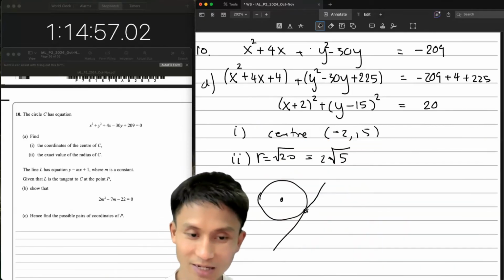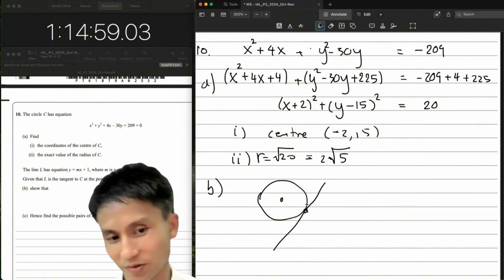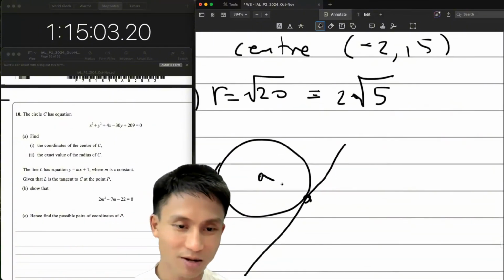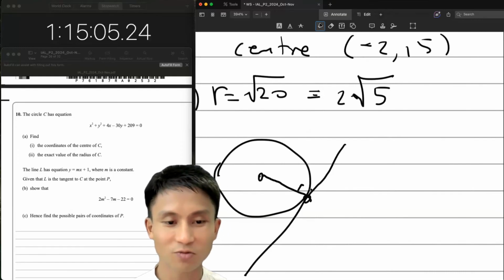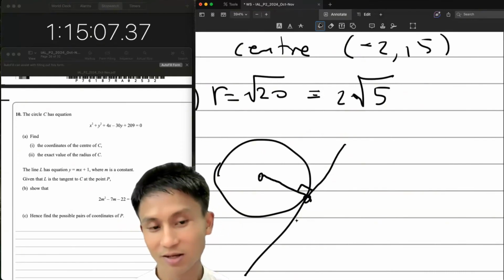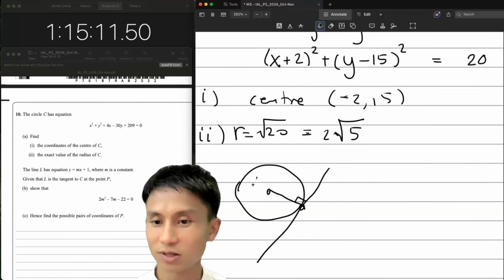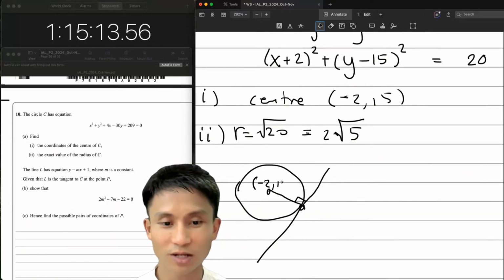First, they intersect here, and second, the gradient of the radius drawn to the tangent will be perpendicular to the tangent. This is a circle theorem. So we know that this point is what? Minus 2, 15.